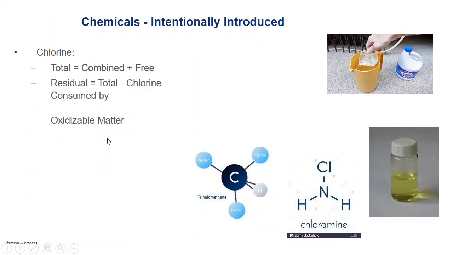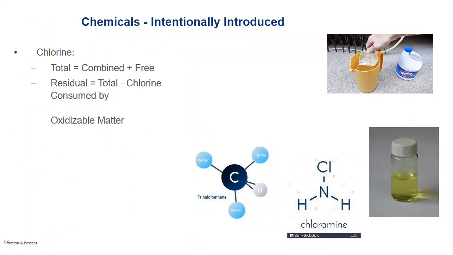So what are we using these sanitizers for? For oxidizable matter. And what does that mean? Everything in the water we can oxidize, from metals to organics to other sanitizers in the water you can react with. Chemicals aren't intelligent. They react with what they can bump into and if they're capable of reacting with it.